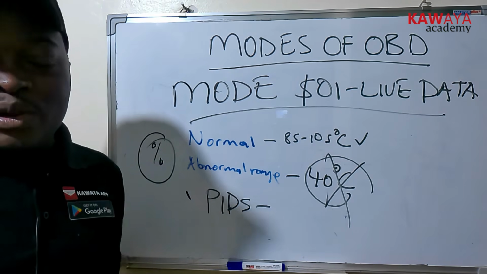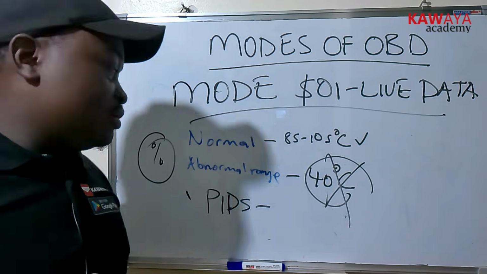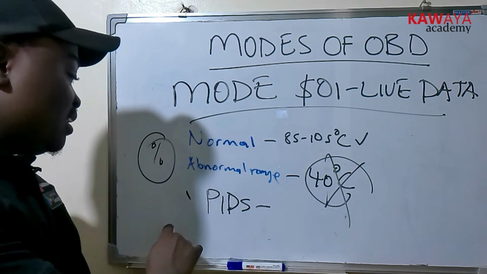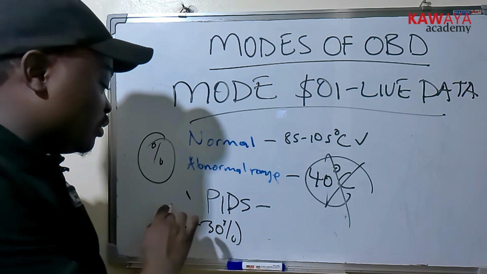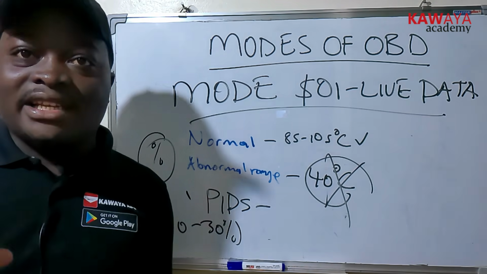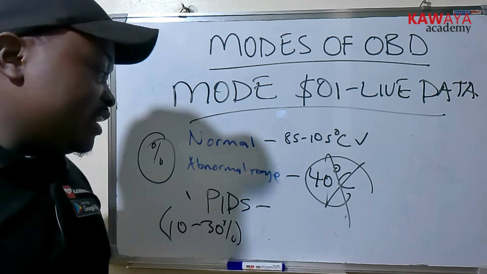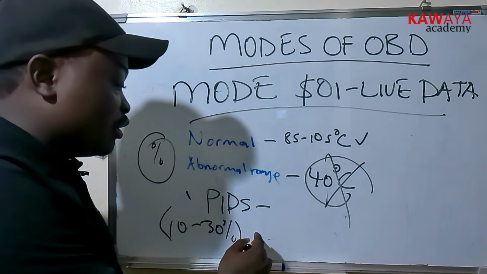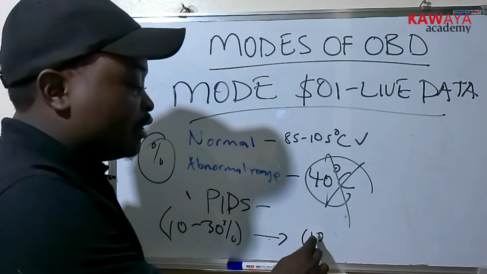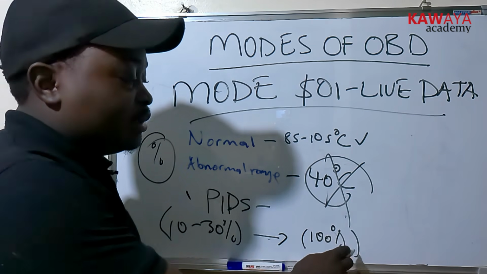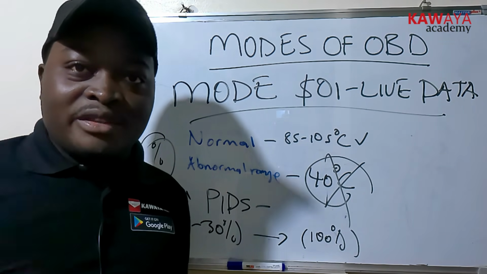Engine load is measured in percentages. At idle, the engine load is about 10 to 30%. This is when the engine is not in stress. But when you apply the throttle, when you're driving, the engine load will go up to 100%, depending on how much power you're giving to the vehicle.